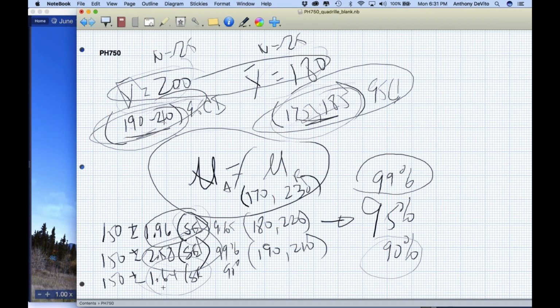In other words, if a problem tells you that the population standard deviation is such, and the sample size is such, you have to remember to convert to standard error, the standard deviation for sample means, in order to calculate your confidence interval.